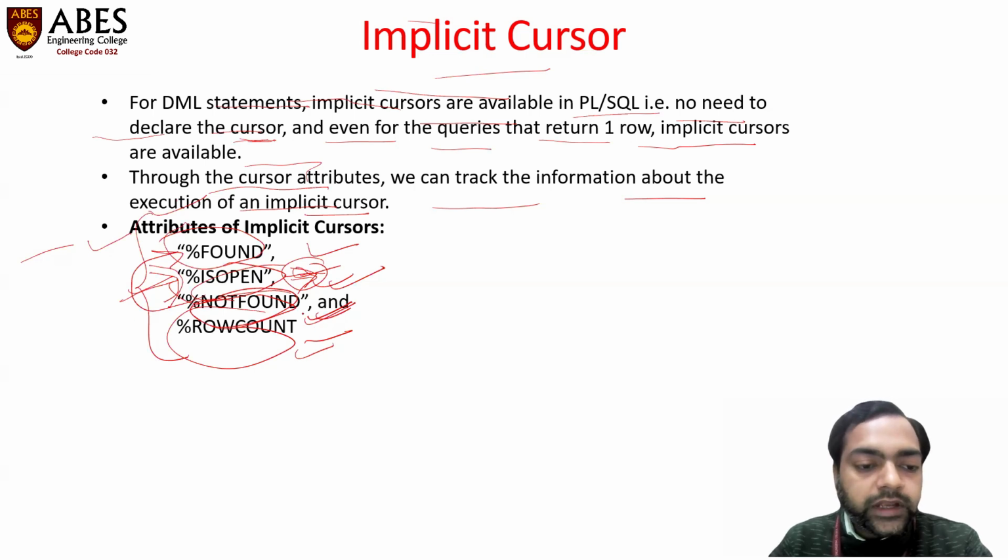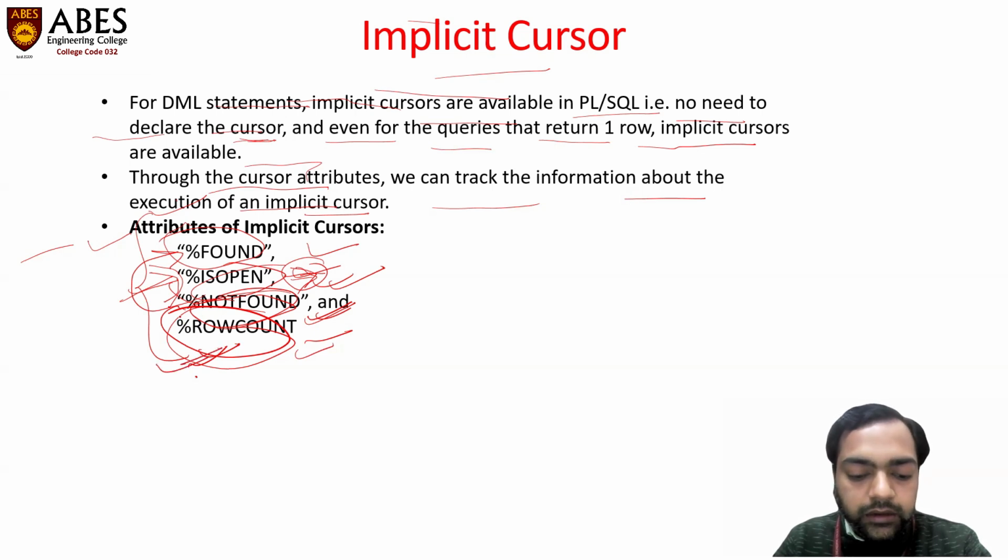Okay, now next we have row count. What does it mean? Basically, if we talk about this particular attribute of implicit cursor, the number of rows affected by the DML statement, that is insert, update, or delete, is given by this particular attribute, right?